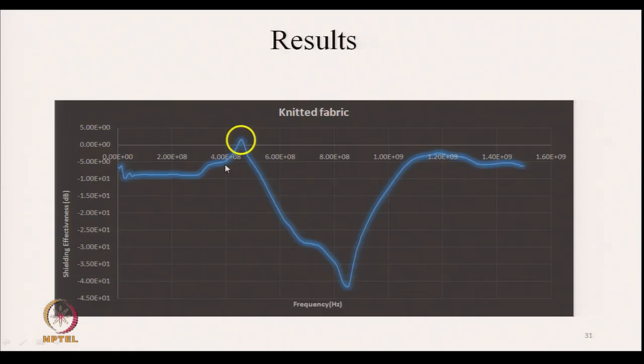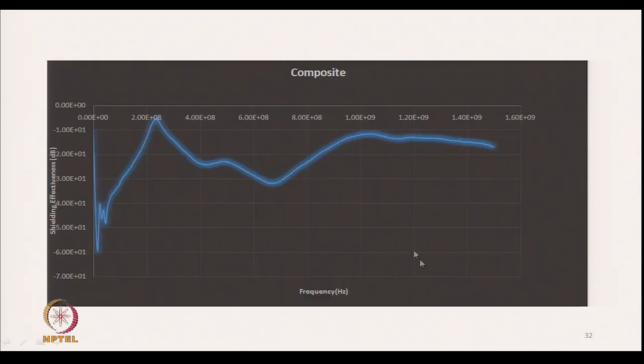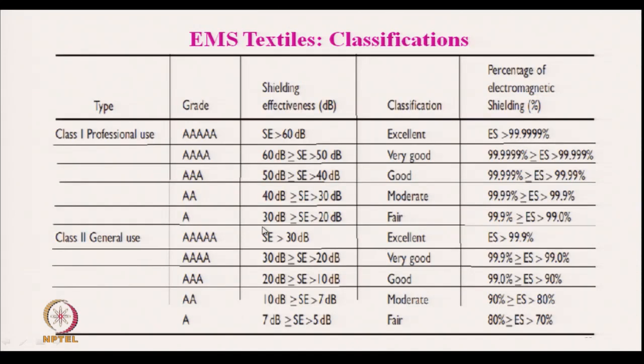This is the typical plot where at this zone we can see the maximum shielding, and this is for composite material. These are the typical data for electromagnetic shielding textile materials. There are two types of cases.